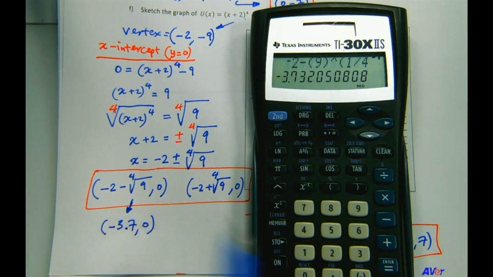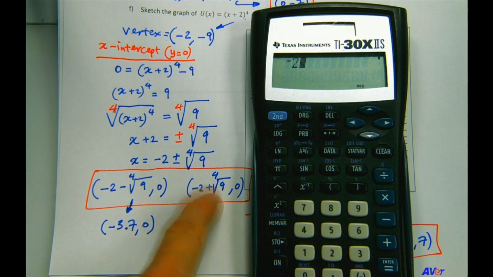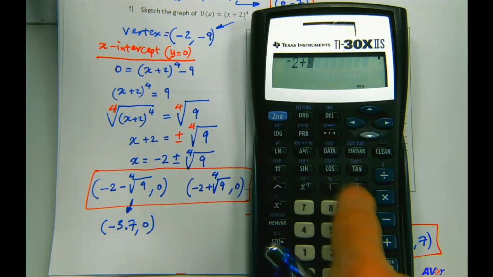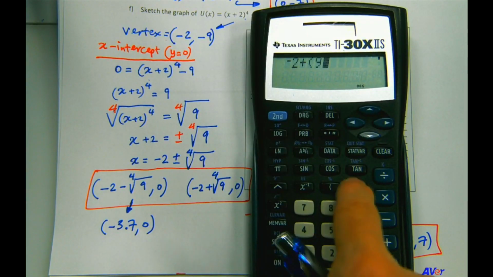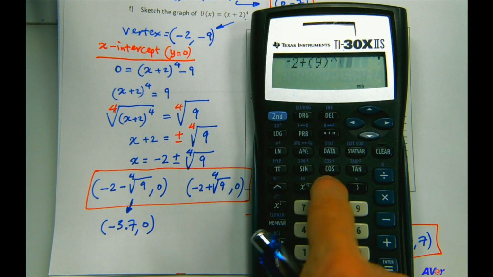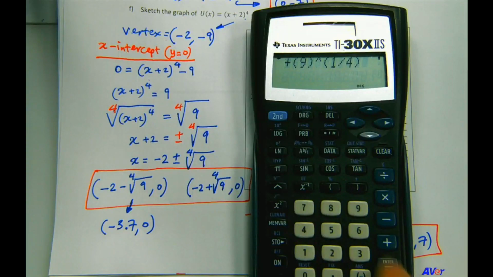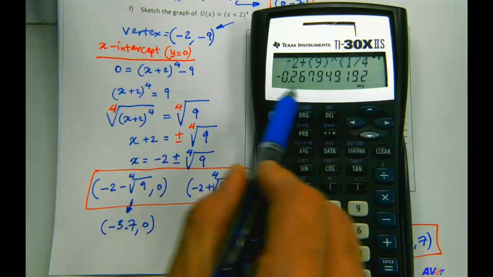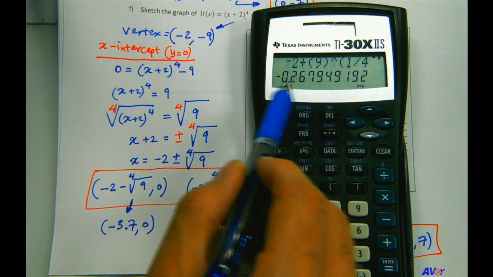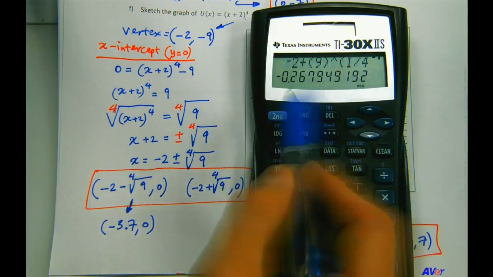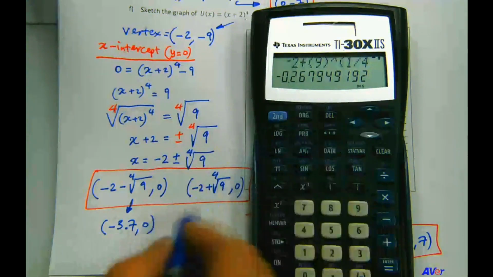That means that one. So that would be minus 2 plus fourth root of 9, 9 raised to 1 over fourth power. So we have minus 0.27. Let's say minus 0.3. Right? Let me round that to, well, minus 0.27. Let's write it that way.